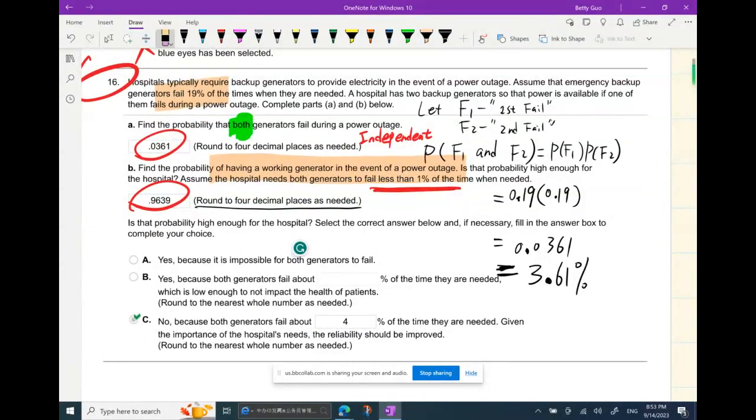Okay, the last part, we're almost done, is C. This hospital is not well equipped because the chance for both generators to fail is almost 4%.